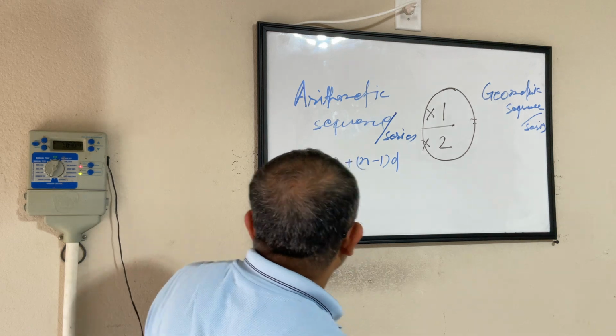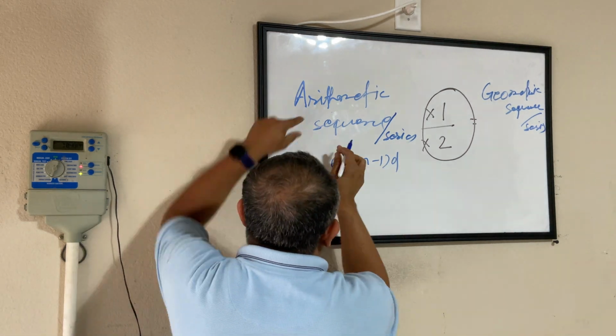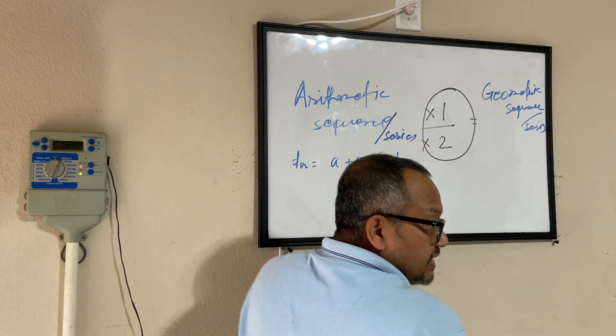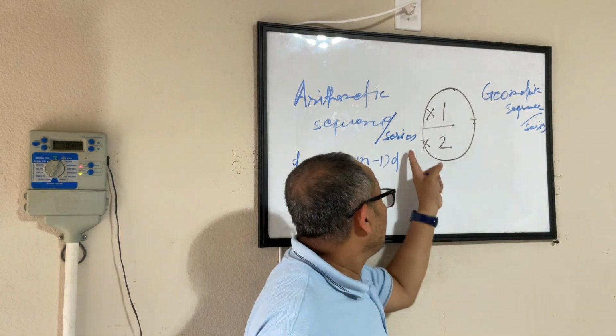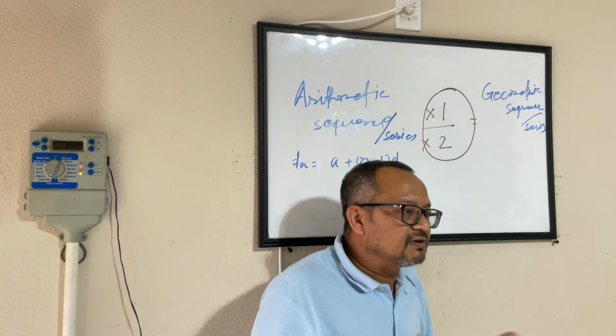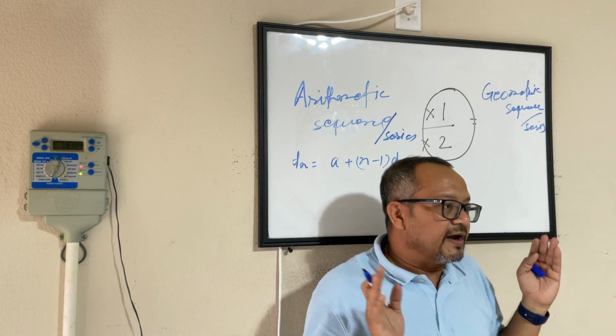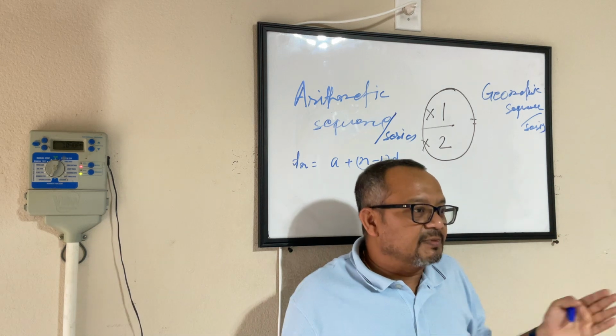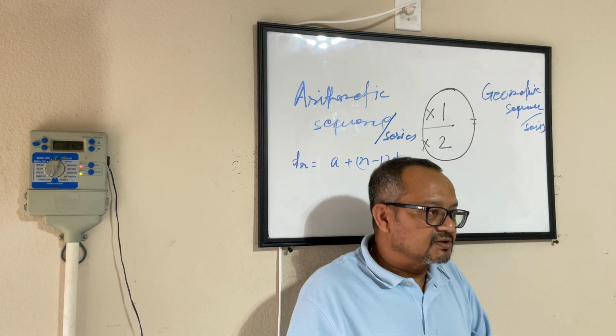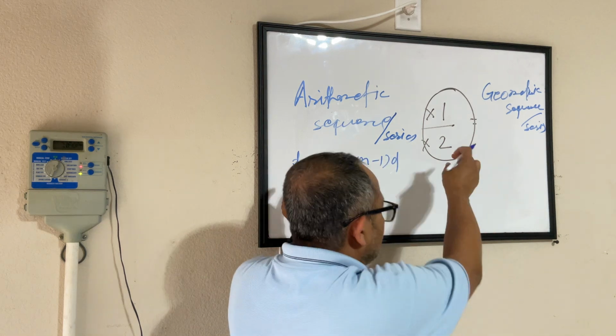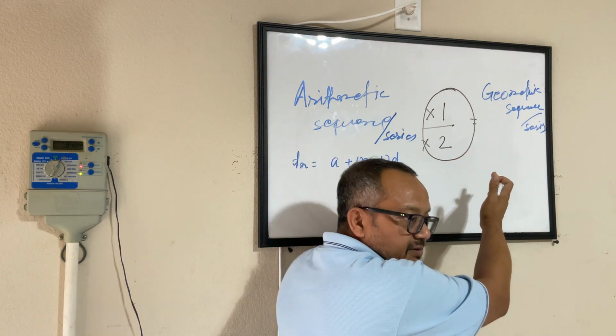Okay. Now, as I said, the numbers that we saw were in a sequence. They are called an arithmetic sequence. What do we mean by series? This is a term that you will come across very often. Okay, find out the arithmetic series of the first 10 numbers. So basically, they are talking about an arithmetic sequence and the sum of the first 10 numbers in that sequence.